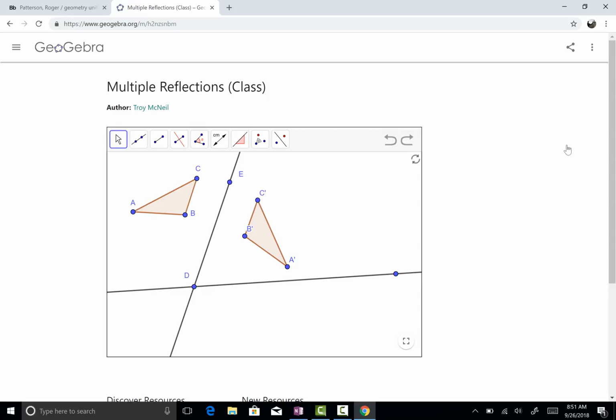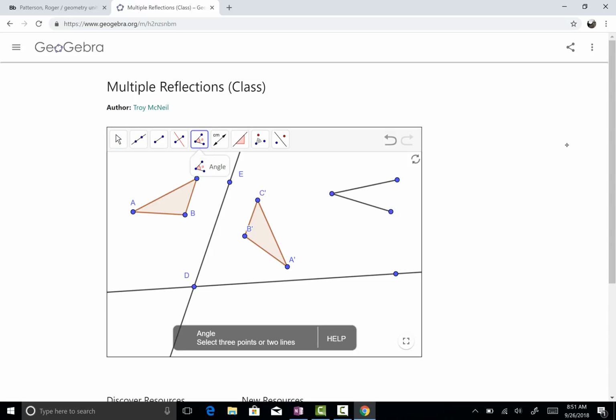We're going to have to make an angle because he doesn't have a slider on here. All right, we'll make an angle. Use a couple segments to make an angle, I guess. All right. So we just made an angle right here. Okay, used a couple segments to make an angle. We're going to measure that angle.